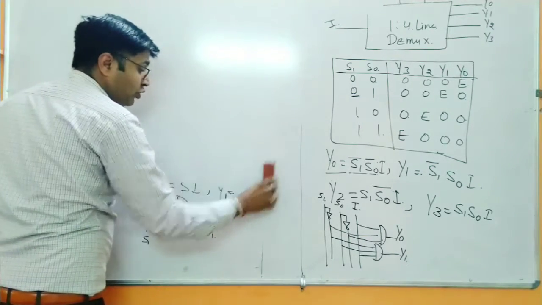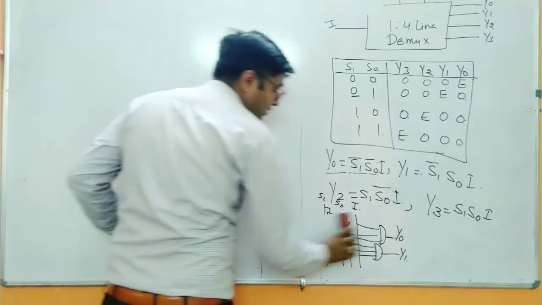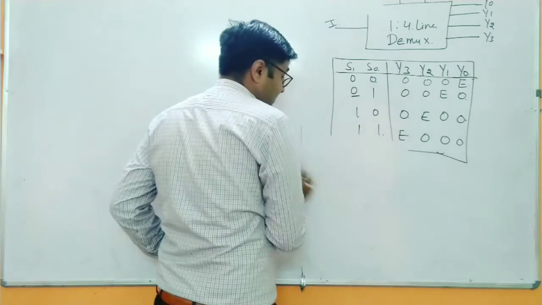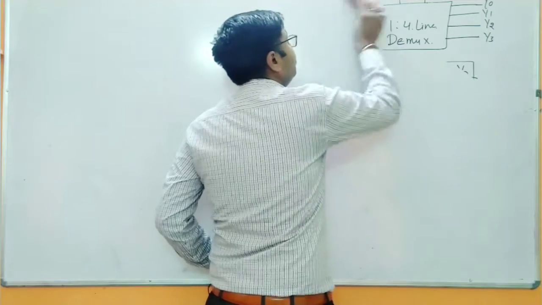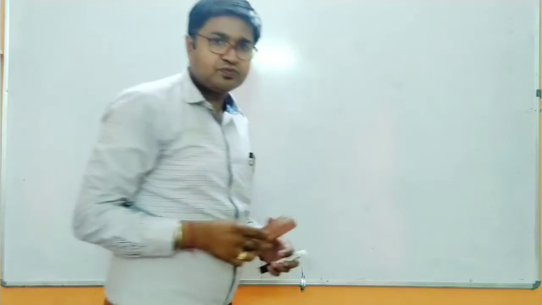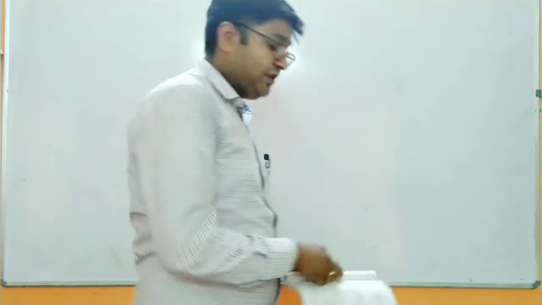Now, how you are going to use it? First, we will talk about the basic encoder. Then we will talk about other combinational circuit topics like hazards and others. This is the last topic of your combinational circuit. The next part will be sequential circuit. So we need to get through it first.